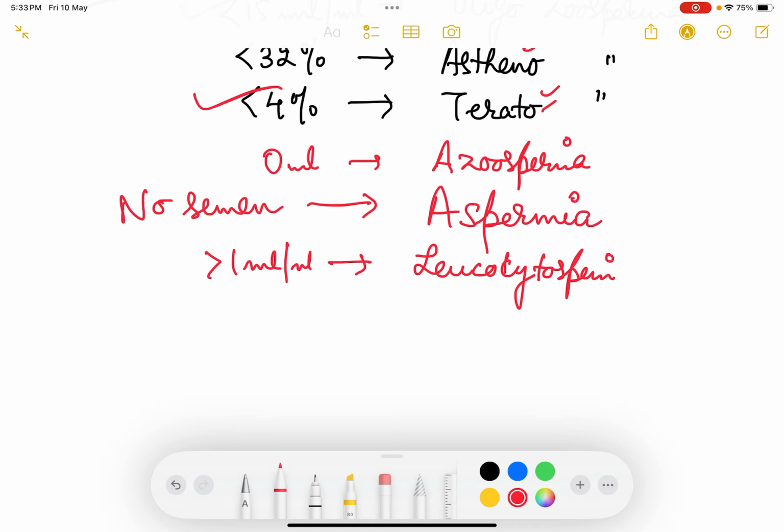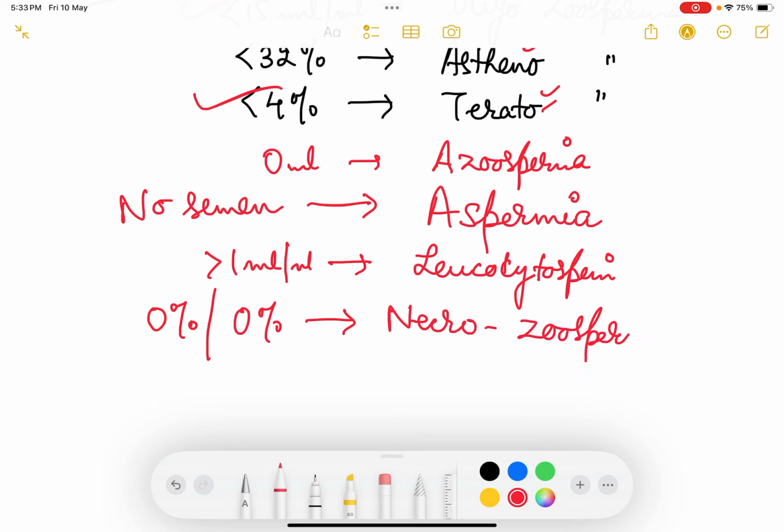And if all the sperms are non-motile and non-viable, means motility is zero and viability is also zero, then it is a special term which is called necrozoospermia. Necrozoospermia means motility is zero, as well as the viability is also zero.